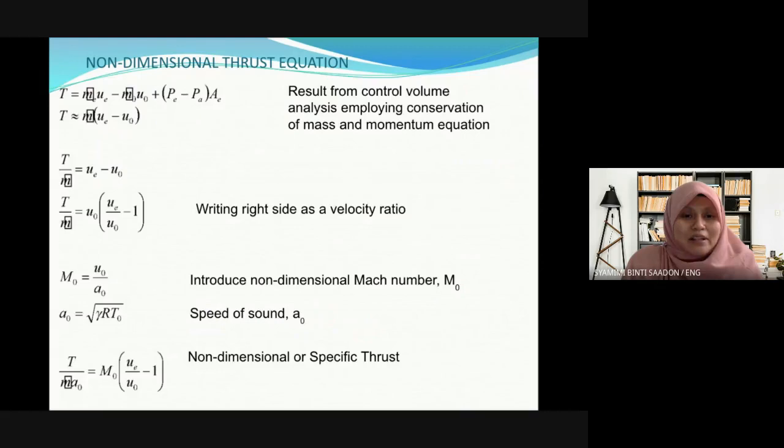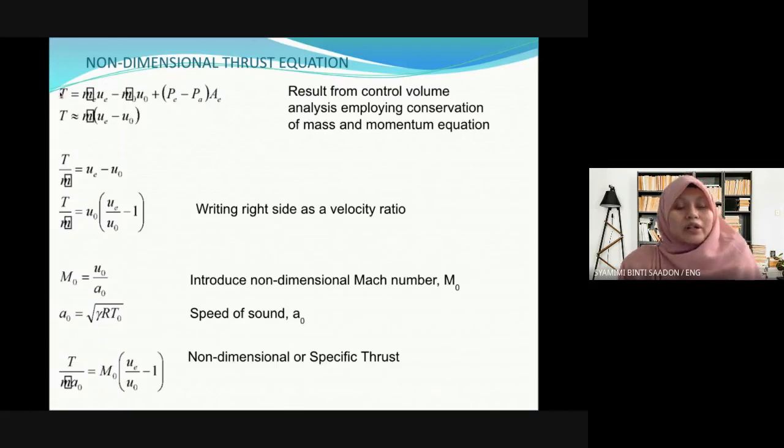Some other parameters: the non-dimensional thrust equation. It means that we can also rewrite the thrust equation from just now in non-dimensional form, meaning no units. So look at here.